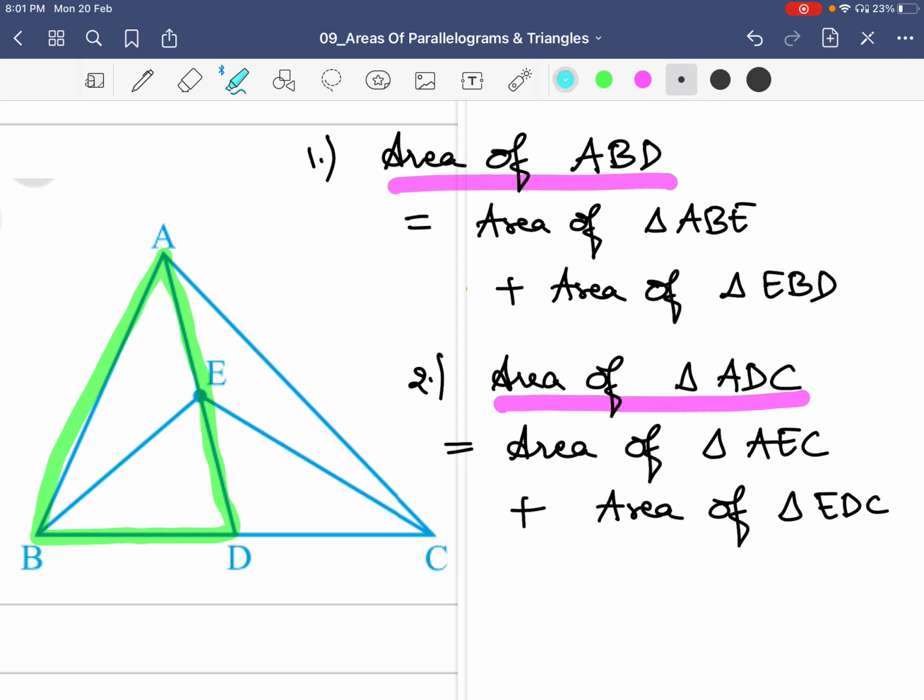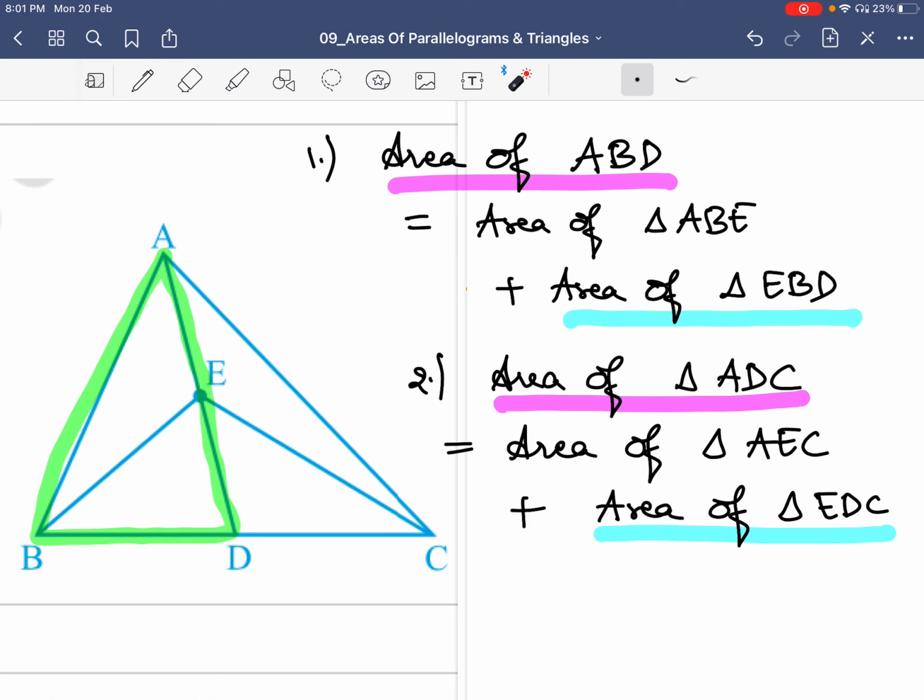However, we just saw that area of ABD is equal to area of ADC. Oh, I'm so sorry, not this one. Area of EBD is equal to area of EDC. These two values are equal. So it is very obvious that area of ABE should be equal to area of AEC because it's a subtraction of equal values.